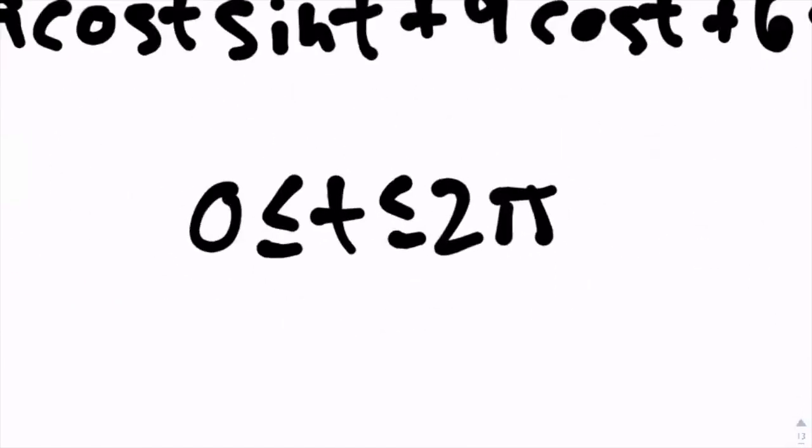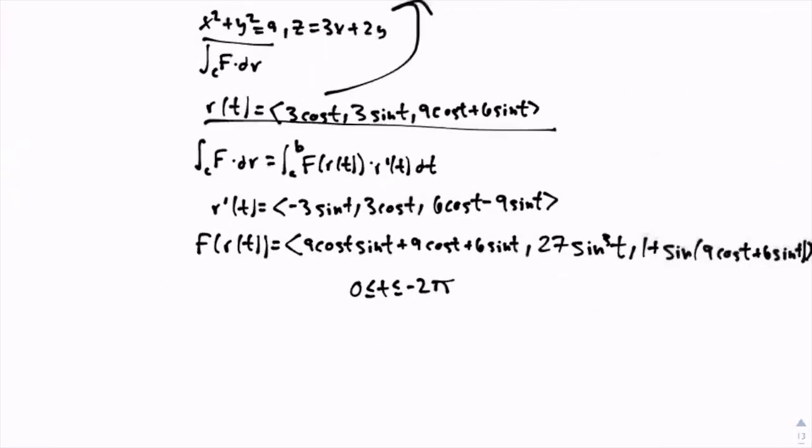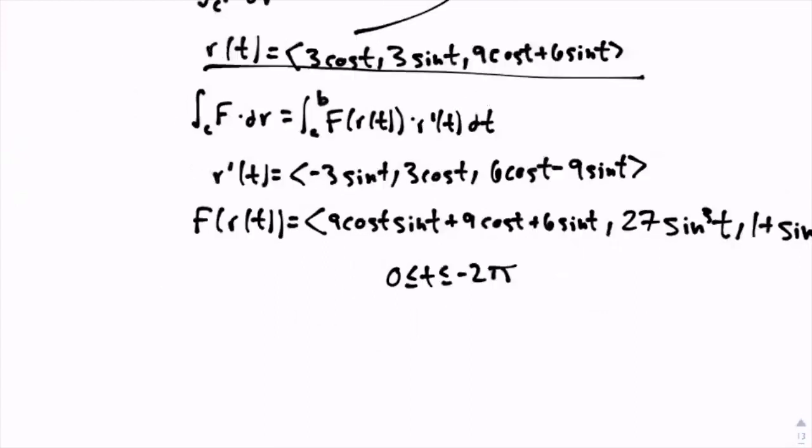So to account for this clockwise direction, instead of counterclockwise, we are going to make this minus 2 pi, in order to run the limit backwards. So now we have our limits, and we also have our F of r of t and r prime of t. All that's left to do is solve this integral.